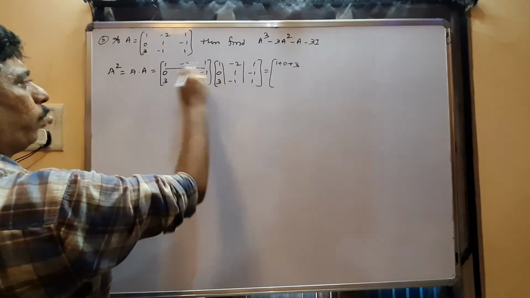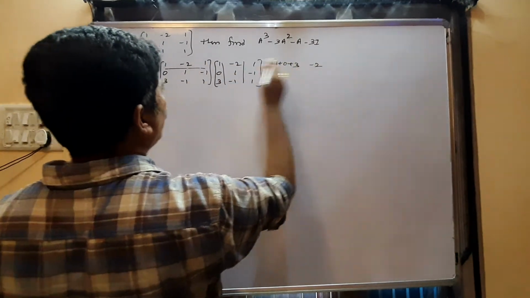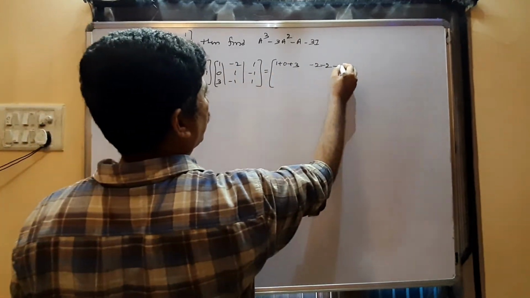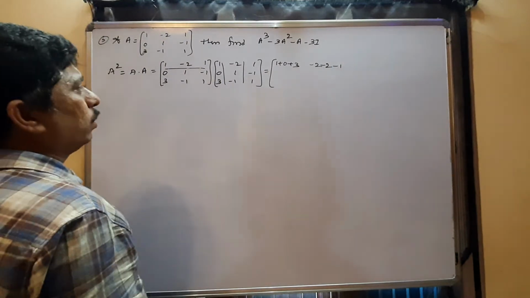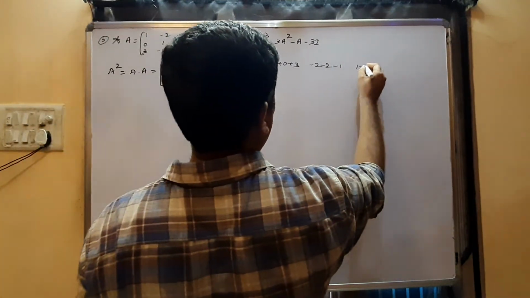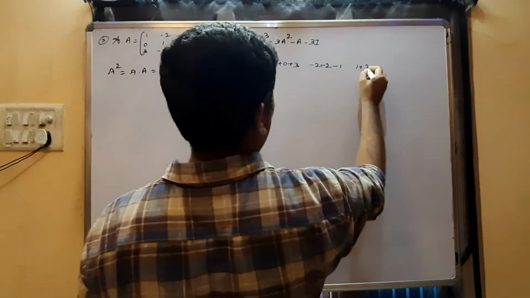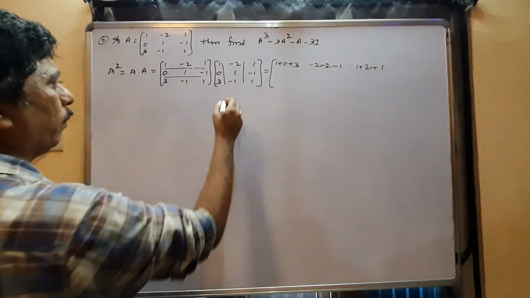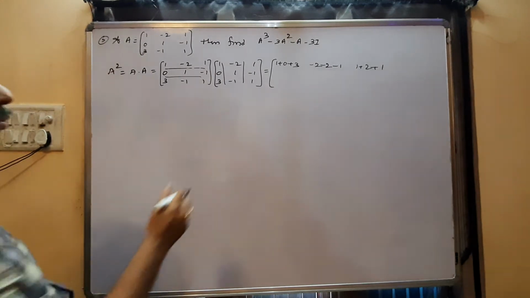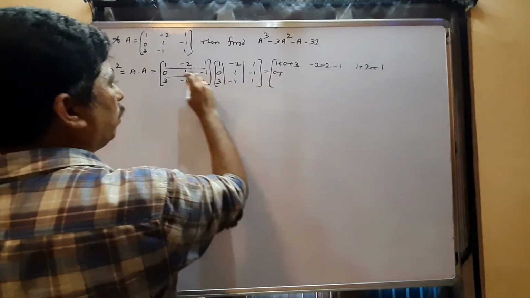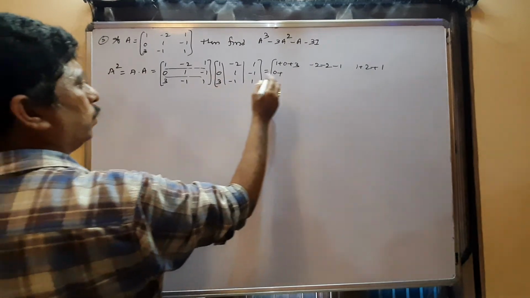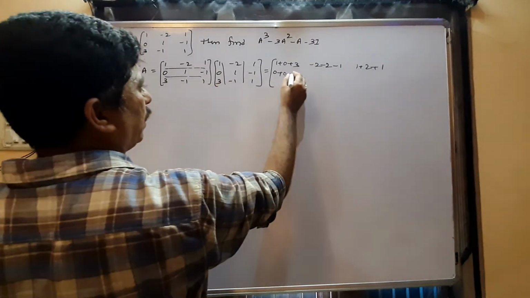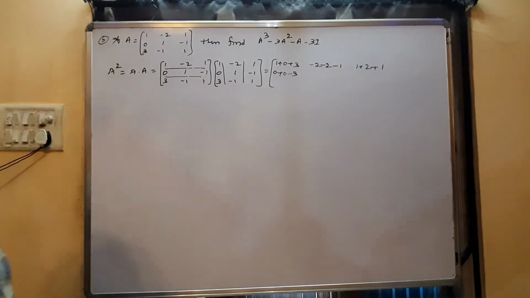First row into second column: 1 into minus 2, minus 2, minus 2 into 1, minus 2, 1 into minus 1 is minus 1. First row into third column: 1 into 1, 1, minus 2 into minus 1, plus 2, 1 into 1, 1. Second row into first column: 0 into 1, 0, plus 1 into 0 is 0, minus 1 into 3 is minus 3.